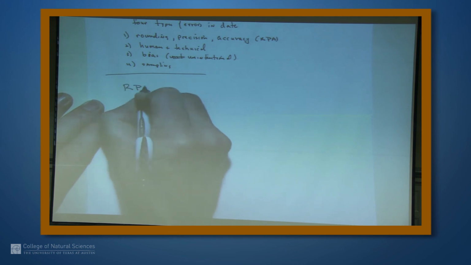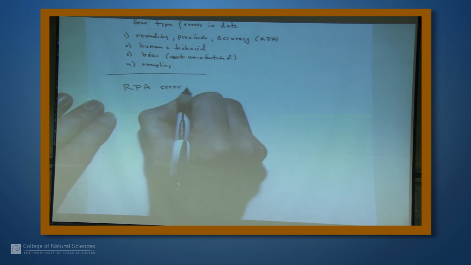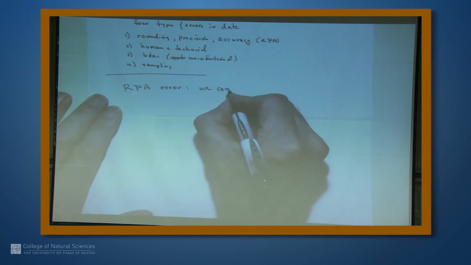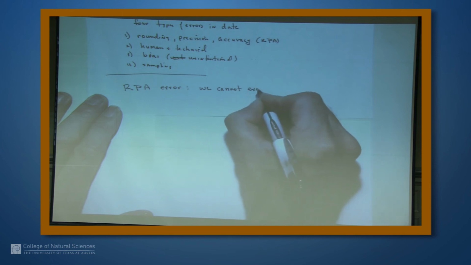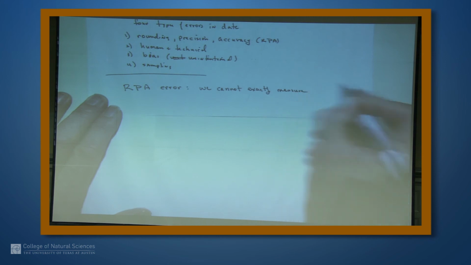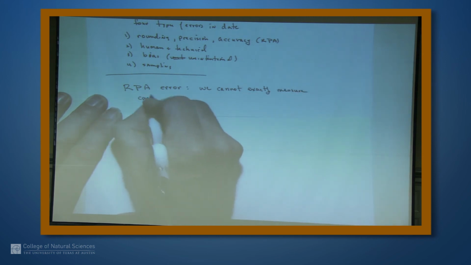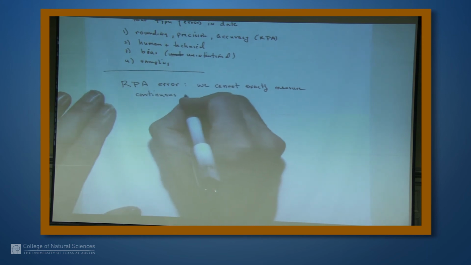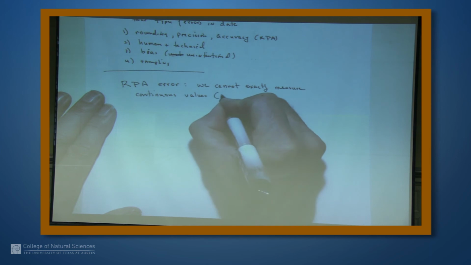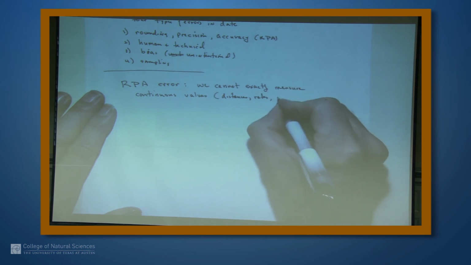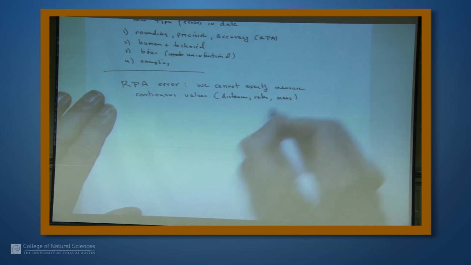So our error is simply that we cannot exactly measure what we would call continuous values, which would be distances, rates, mass, or weight.